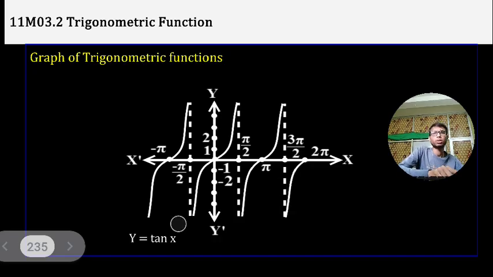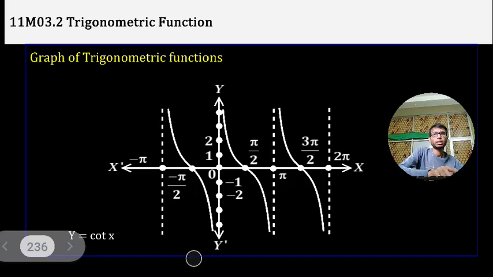Okay, this was y equal to tan x. Now what about cot x? This is just opposite of tan x. Here you can see it is starting from infinity, going down to 0, then again going to negative infinity.